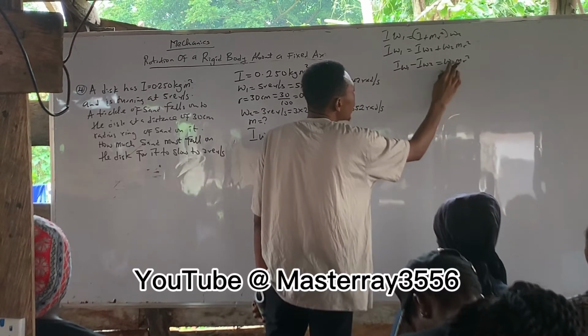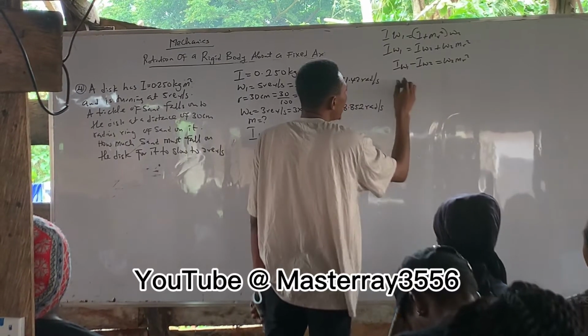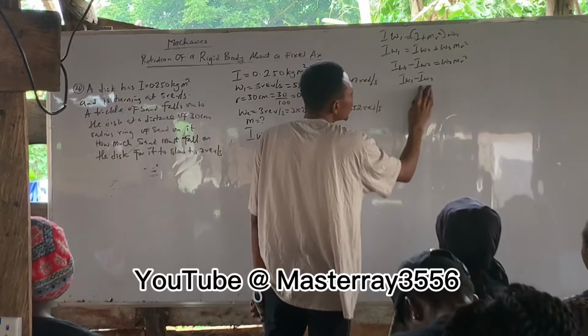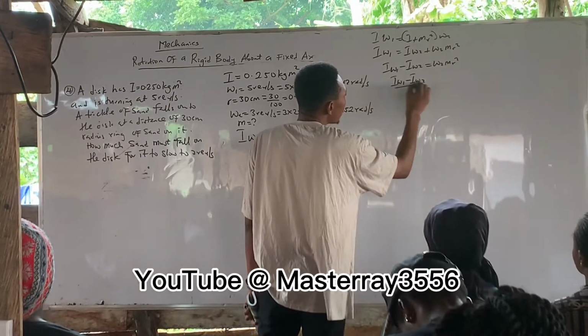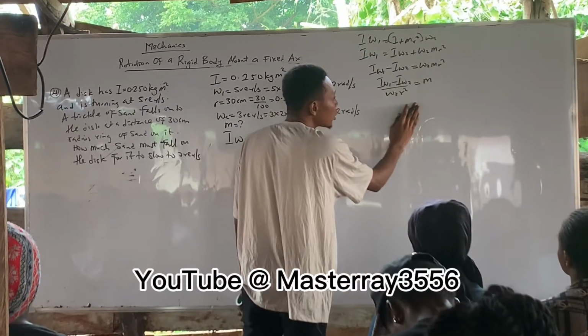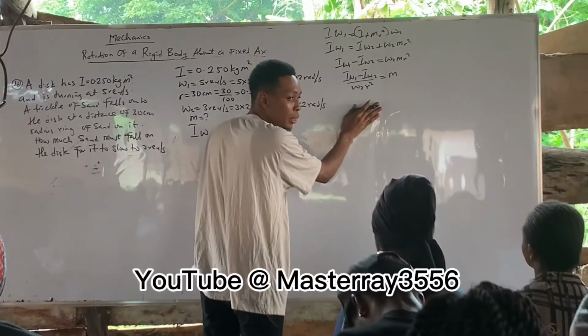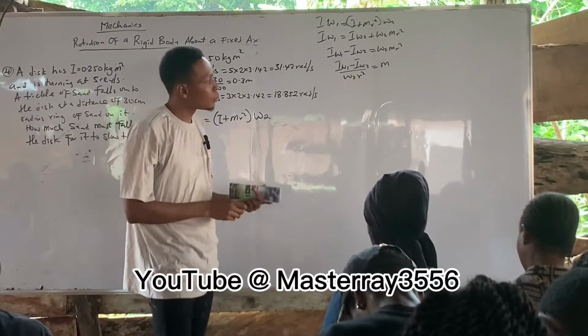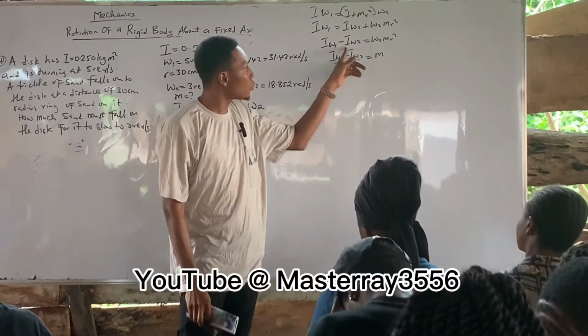So from there, we are looking for M now, right? It can be I W1 minus I W2, all over W2 R square. That's M. I gave you this now. You don't need to factorize now.